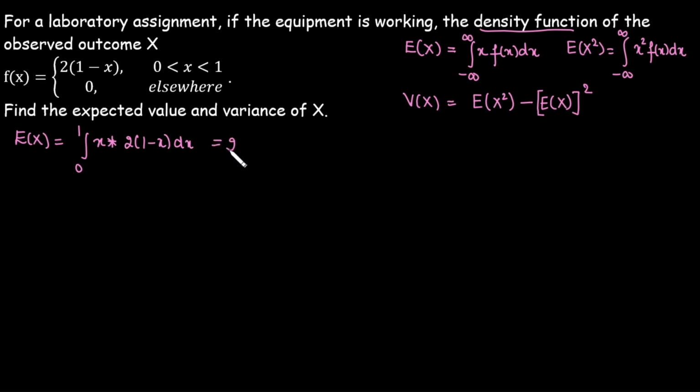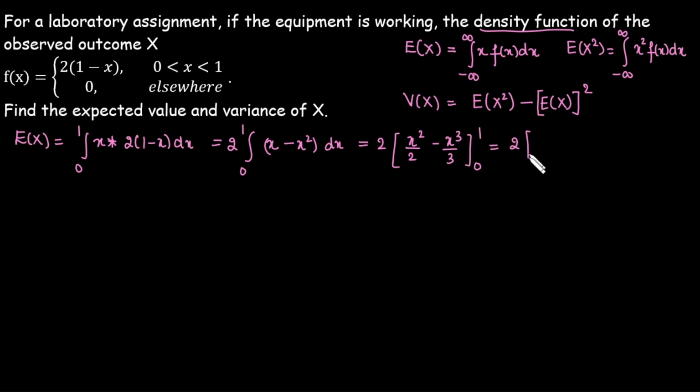So 2 is outside. Integration from 0 to 1 of x into 1 minus x, that is x minus x square. Integration of x is x square by 2 minus integration of x square is x cube by 3. Limit from 0 to 1.